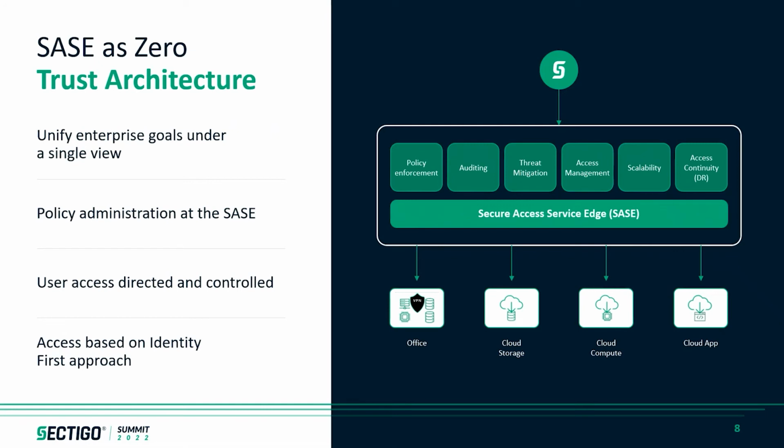SASE architectures are focused on putting services closer to users, which ultimately means taking them out from behind VPNs and firewalls in a corporate housed infrastructure, and moving them to the network's edge, which is usually cloud or mobile edge computing. Putting them there becomes increasingly global and always on.